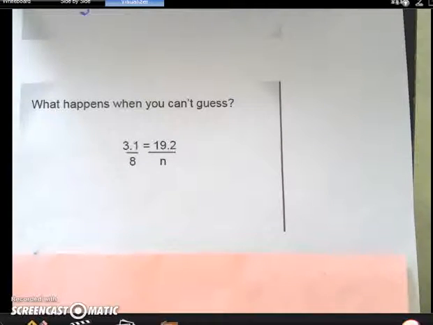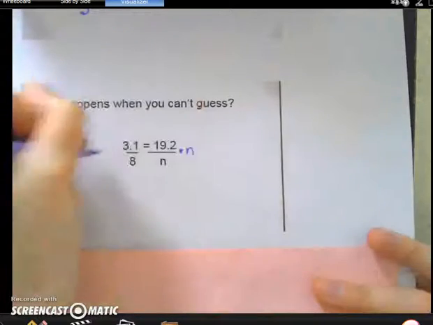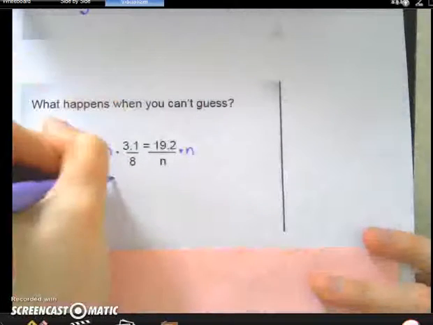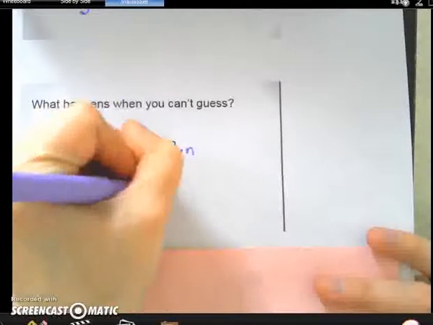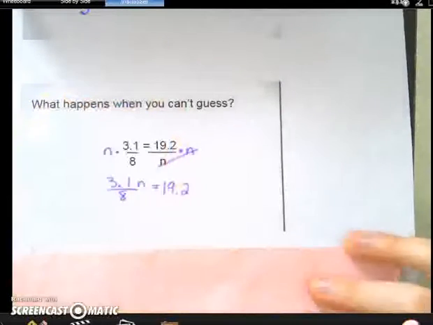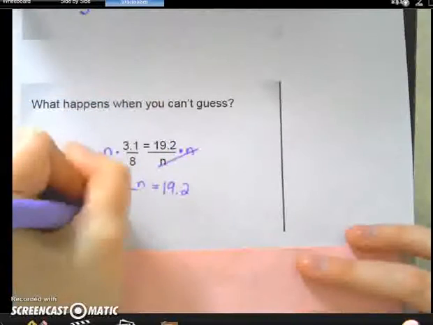If you think back to the fall when we started solving equations, we had some equations like this where the variable was in the denominator. So using that way, we could do this by first multiplying both sides by n, and that would give us 3.1n over 8 equals 19.2, so those would cancel. And then you could multiply both sides by 8.